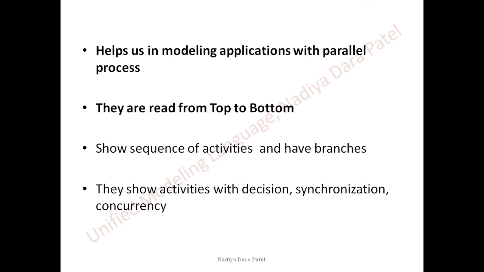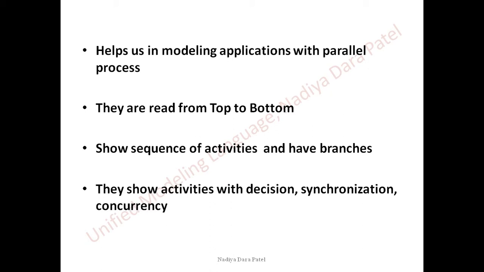They are read from top to bottom. They show a sequence of activities and have branches. They show activities with decision, synchronization and concurrency. Again, an important point: we are going to show what decisions our activity diagram is going to take, what decisions we are going to fulfill, and then go further and perform the next activity.